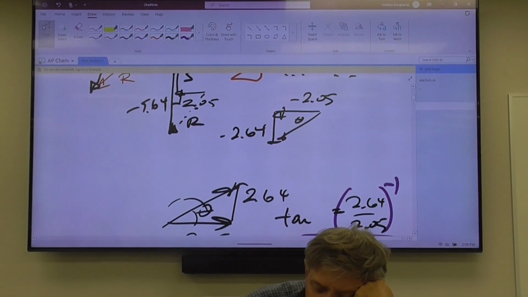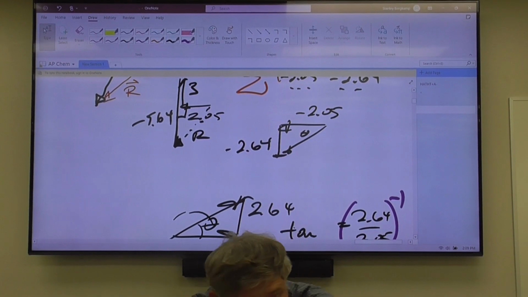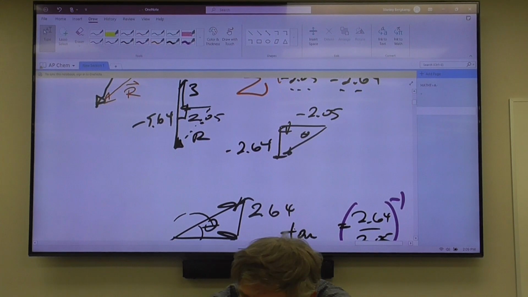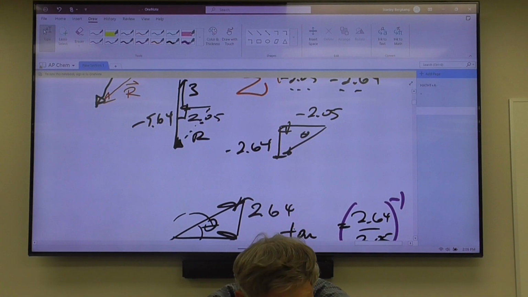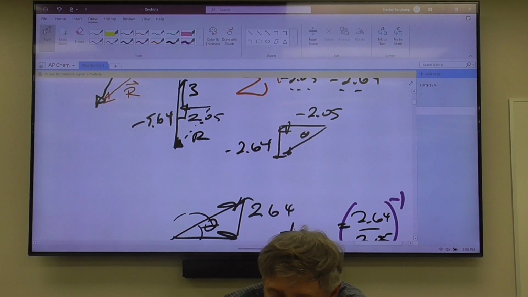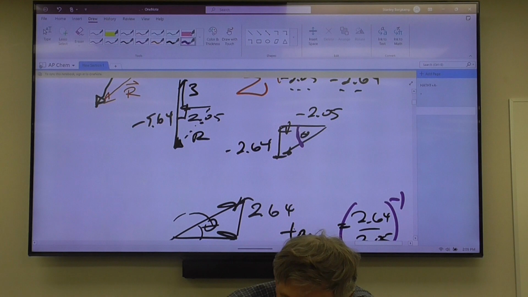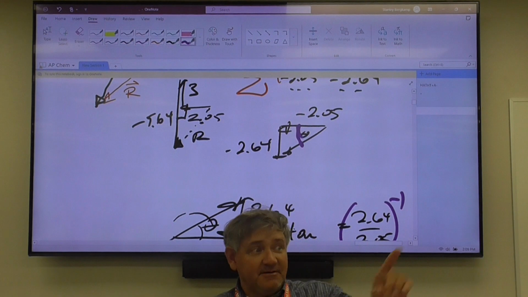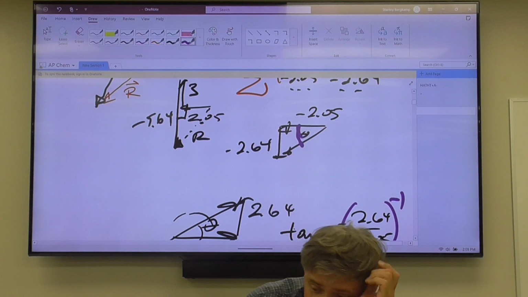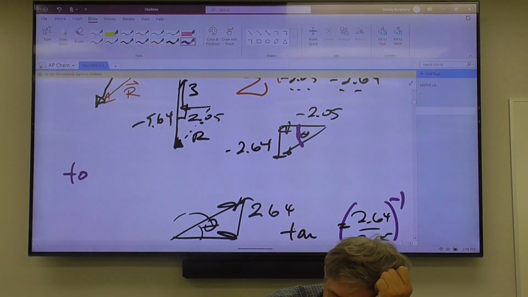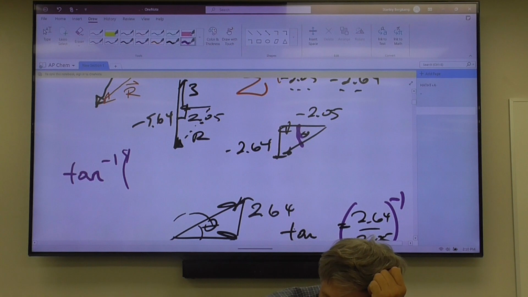Now, this is where your calculator will lie to you. And you're going, Mr. Burkett, my calculator won't lie to me. Yes, it will. So you're trying to find this angle. Take your handy-dandy calculator and type in the inverse tangent of negative 2.64 over negative 2.05.